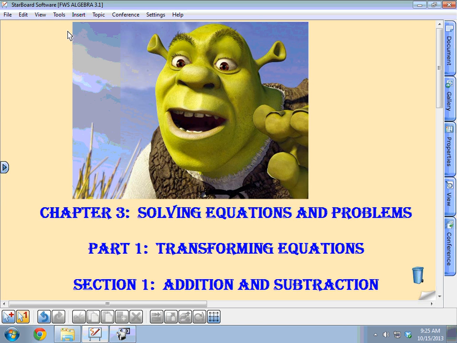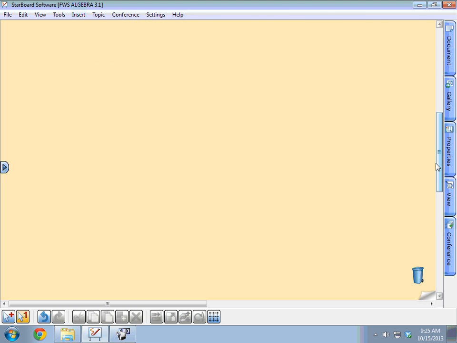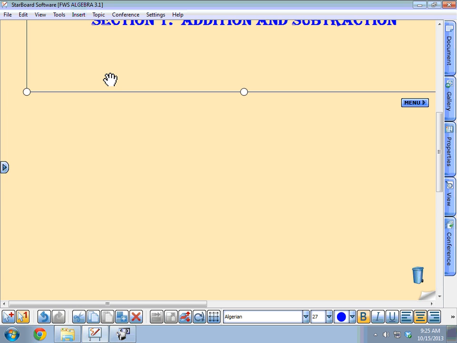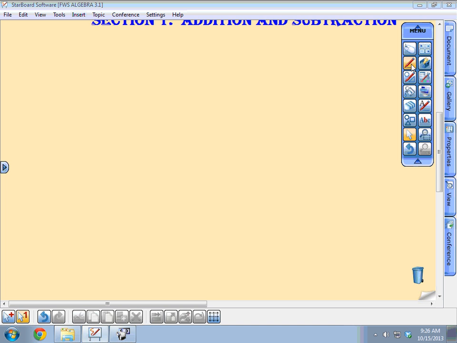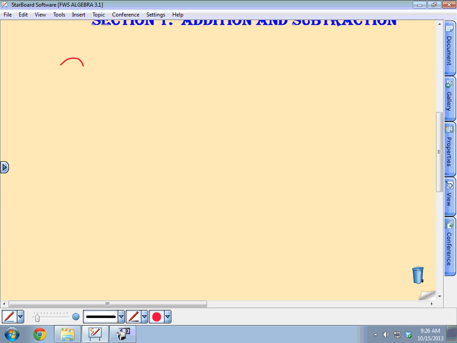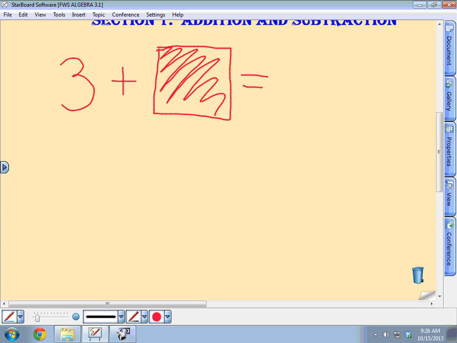Okay. So in the first couple chapters, this is what we've done so far. This is what you did before you ever came here. You did things like this: 3 plus, maybe it said X, but probably earlier than that, it had this colored-in box, and it was gray, equals 5.